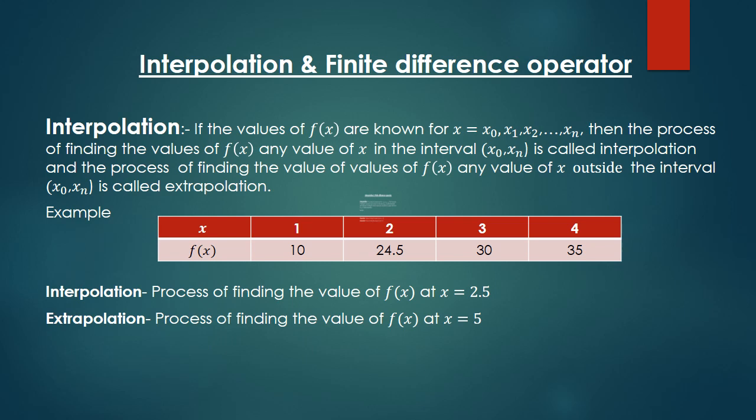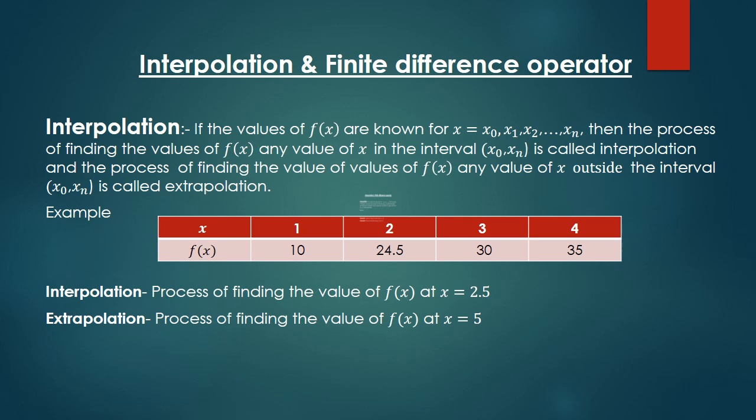Here, x assumes the values 1, 2, 3 and 4. The range of this interval is [1, 4]. And the corresponding y equal to f(x) values are 10, 24.5, 30 and 35.